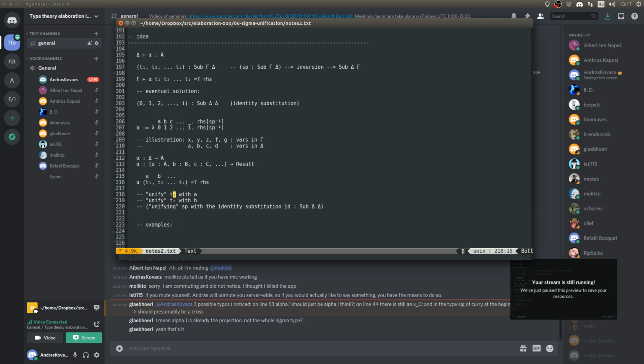Okay, so just a bit more explanation here. I unify T1 with A, I unify T2 with B, and all of this returns a partial substitution from delta to gamma.